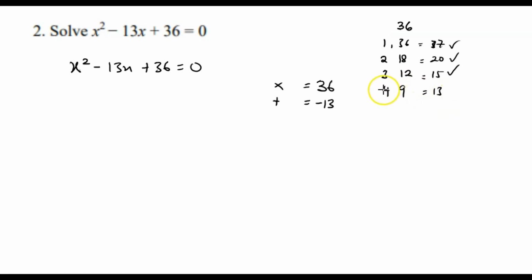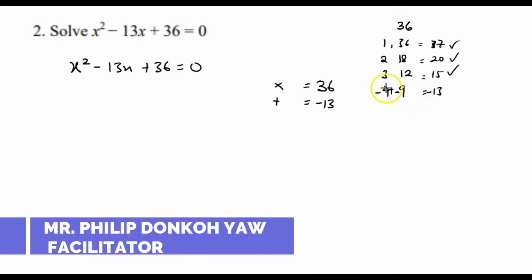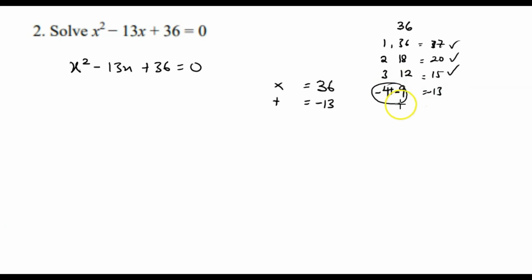So in a simple way, you simply have to negate the 4 and the 9, and automatically when you multiply negative 4 and negative 9, it will give you positive 36. And when you add negative 4 and negative 9, it gives you negative 13. So the perfect pair of numbers that will help us factorize easily is negative 4 and negative 9.